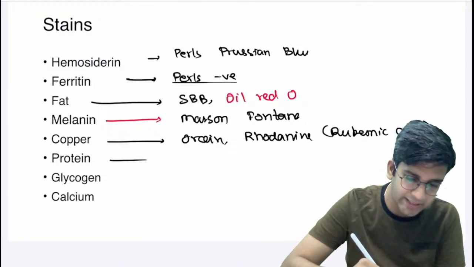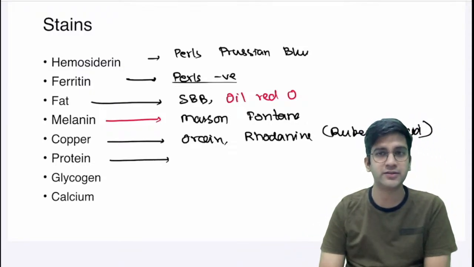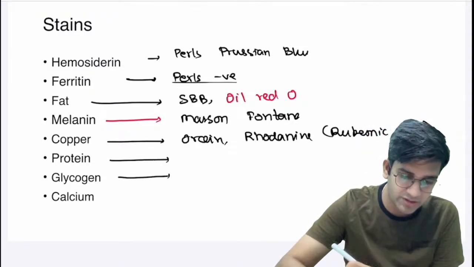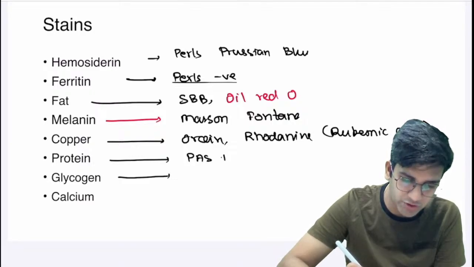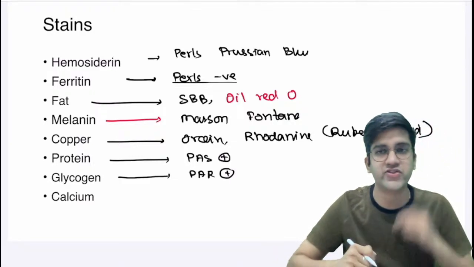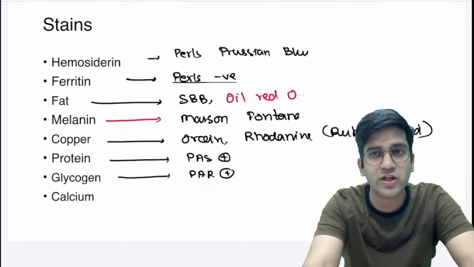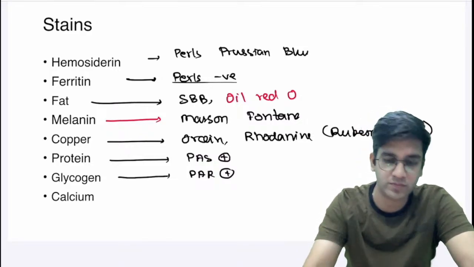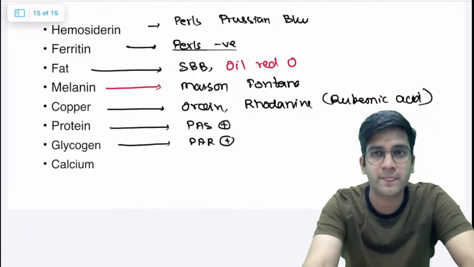Fine. Any stain you remember for protein and glycogen? Both are PAS positive. I just want you to comment which is diastase sensitive, protein or glycogen. Which do you think is diastase sensitive?